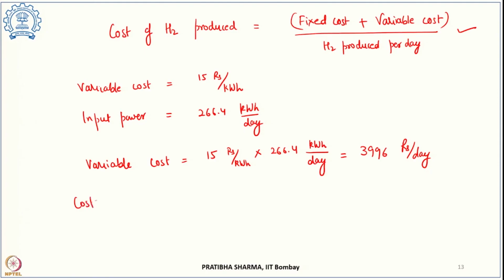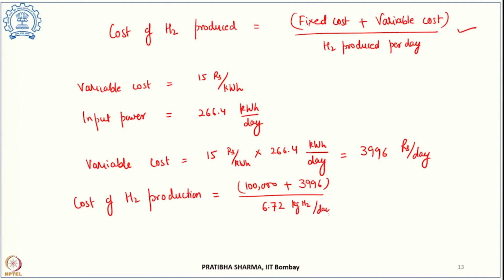This we will use in the above equation to substitute for variable cost, so that we can get the cost of hydrogen production. It is fixed cost 1 lakh rupees plus the variable cost 3996 divided by the hydrogen being produced, which we have found in the earlier section as 6.72 kg of hydrogen produced per day, and this is rupees per day in the numerator.